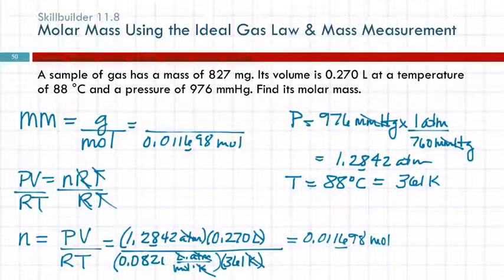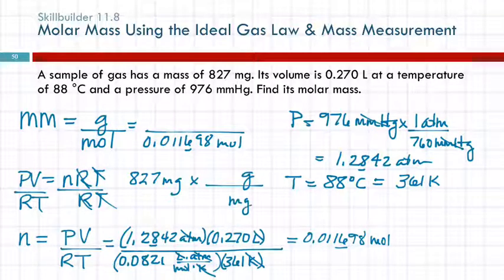Well, I want my mass to be in grams per mole, so I'm going to have to convert that. 827 milligrams. So I want grams on the top and milligrams on the bottom. So the units are going to work out. Dimensional analysis, over and over and over again.